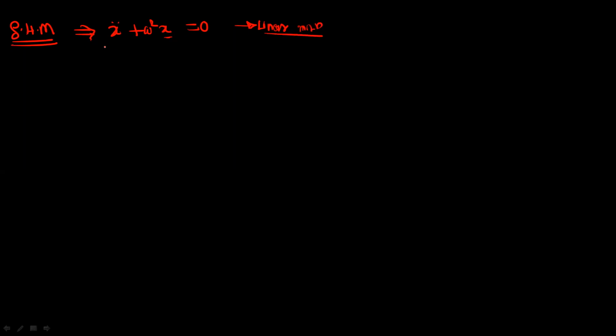So similarly, if there is a rotational system, then we can write this equation as theta double dot plus omega square into theta is equal to 0. Okay. So this equation is for the simple harmonic motion, and if the motion is rotational. Okay. So these are the standard equations if any system is oscillating with simple harmonic motion.